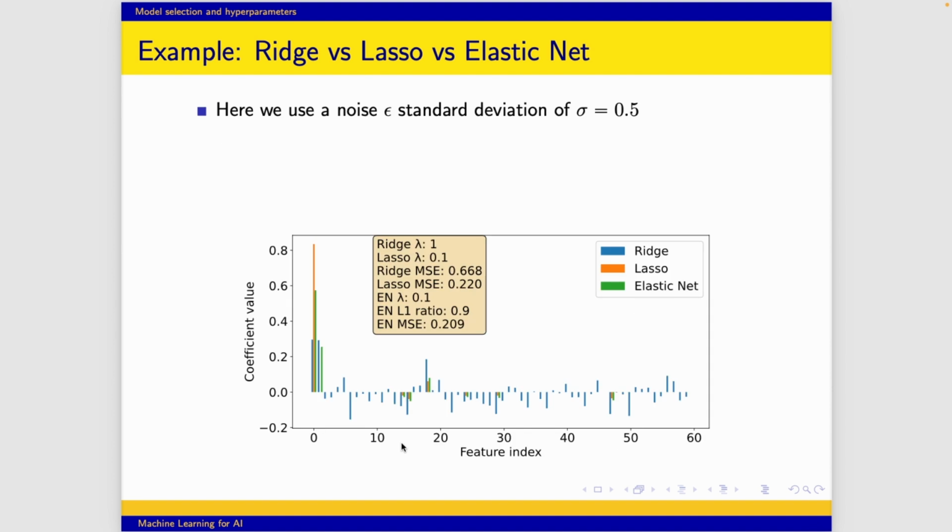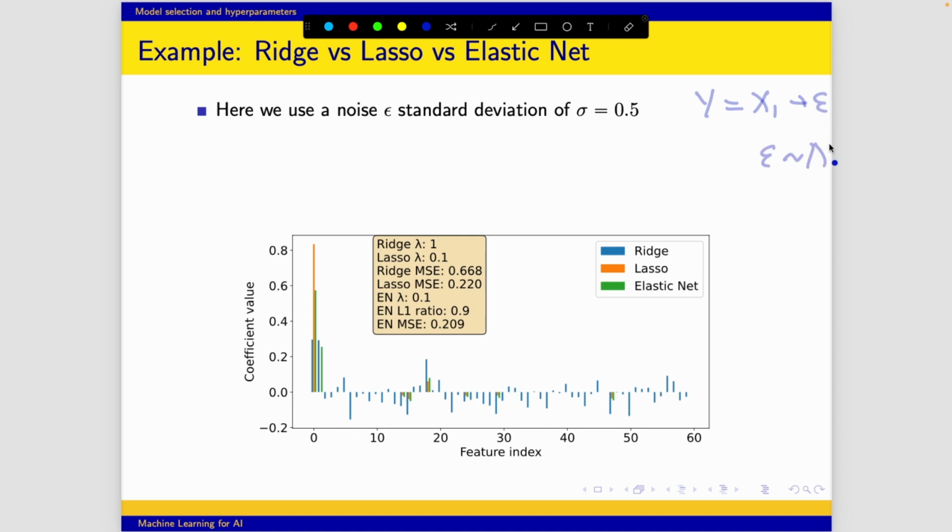So let's have a look at the results. Let's start out first with a standard deviation for our noise epsilon. Remember, epsilon here appears in y equals x1, the first feature, plus epsilon. And that epsilon is distributed according to a normal with a mean of 0 and some variance sigma squared.